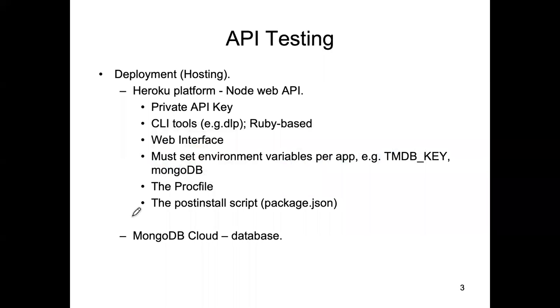Secondly, in the case of deployment, I am going to be using MongoDB Cloud to store my database. So my Heroku web API is going to be talking to my database, which is over on a different platform. And that's not uncommon. Now, I know Frank has mentioned MongoDB Cloud in one of his labs.